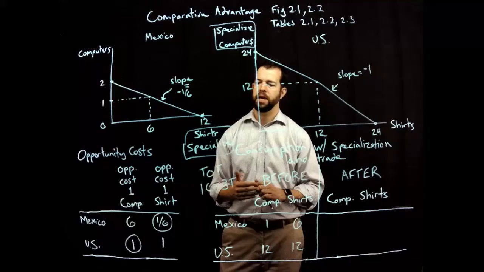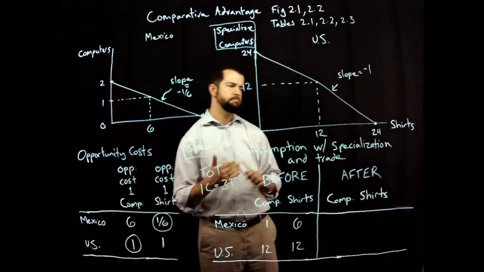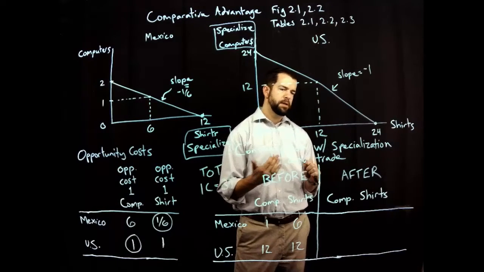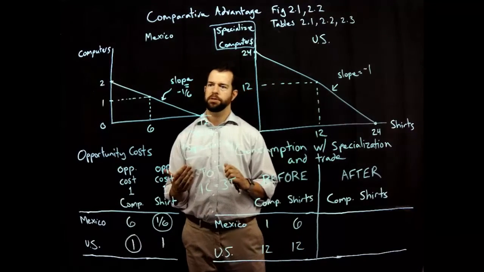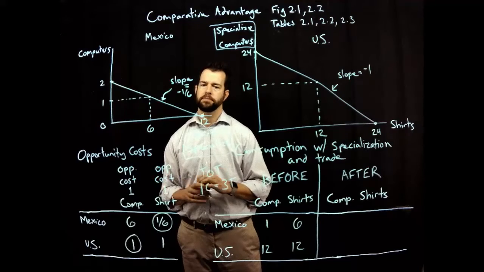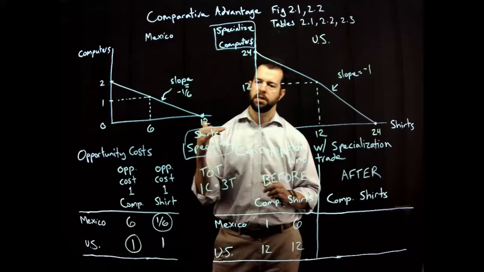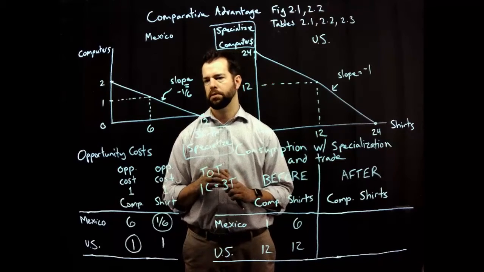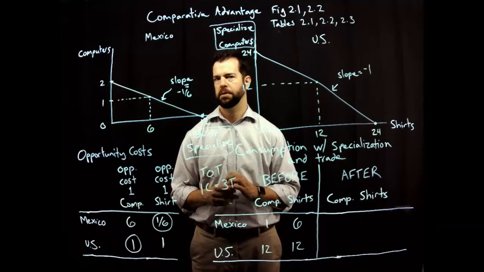Suppose they want to get 9 shirts and 1 computer. In that case, they're going to trade 3 of their t-shirts for 1 of the United States computers here.